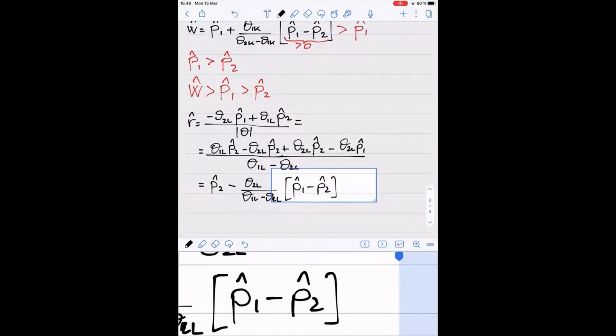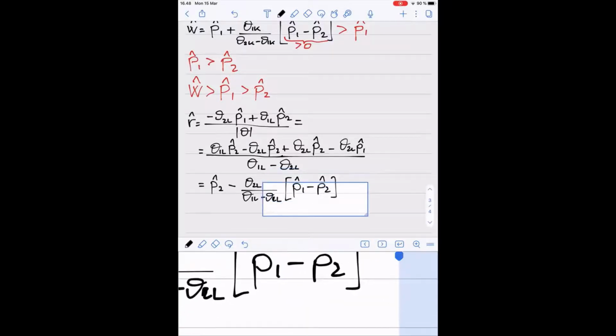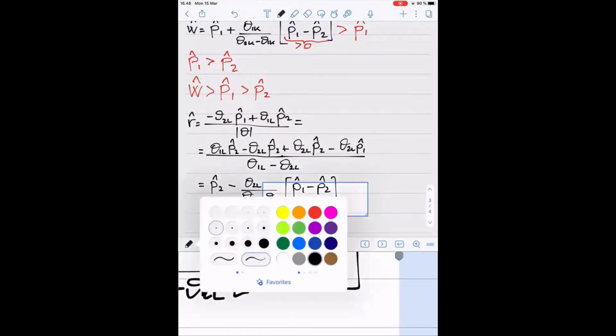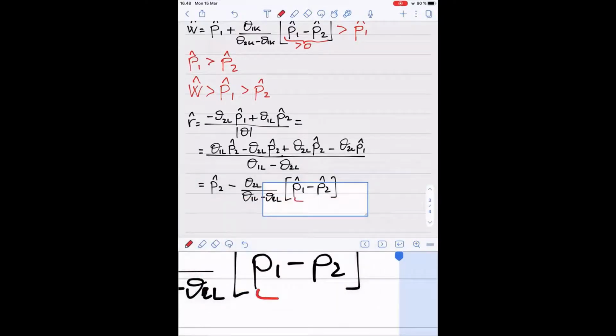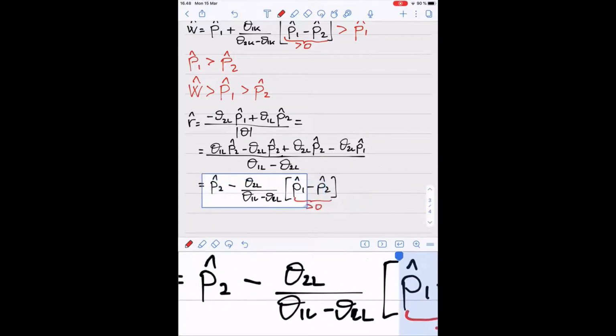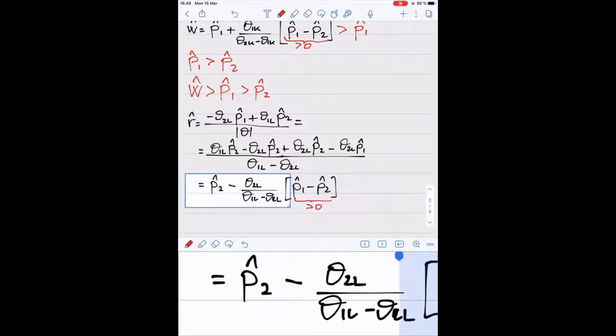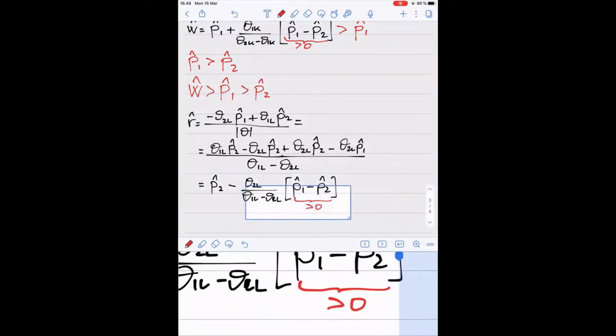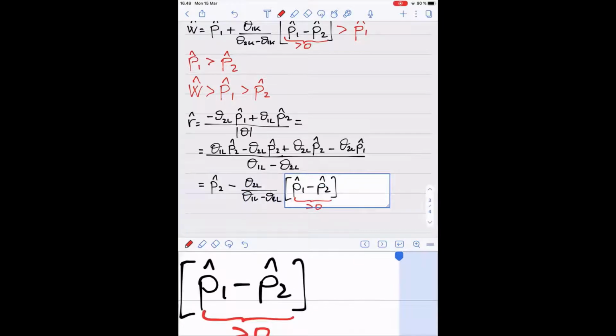Recall that we assume that p hat 1 is larger than p hat 2, so that this term here is positive. And so the percentage change in the rental on capital equals the percentage change in the price of good 2 minus something that's positive. So that means that the rental rate on capital hat is less than P2 hat.